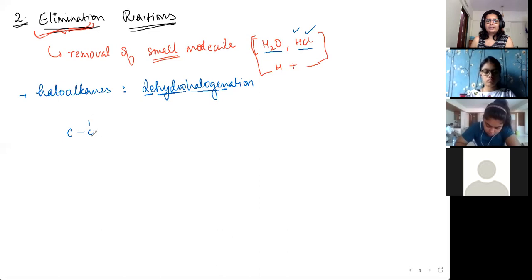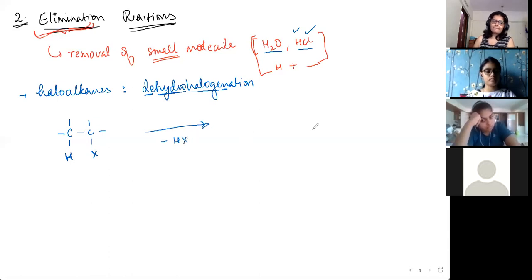If you had a haloalkane, here it can be hydrogens or R groups. Removal of one hydrogen and one halogen atom, minus HX, what will be the product? An alkene.